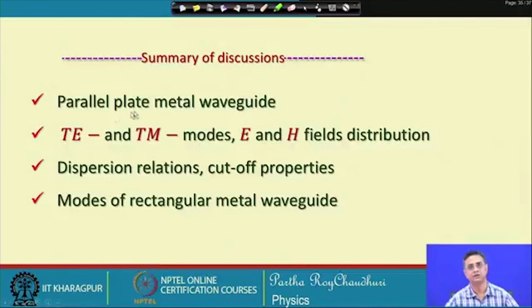We have also considered these TM modes in terms of the electric field and magnetic field configuration, their cutoff properties and all. And also we have discussed a very special case of a rectangular metallic waveguide, which is very common in microwave technology, and we have seen the cutoff properties, the field distribution, in terms of electric and magnetic fields within the waveguide.